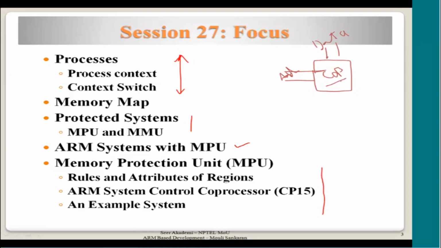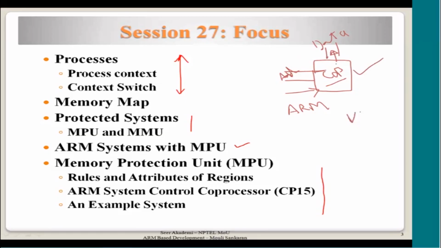If the coprocessor has to drive the data bus, that means it has to write something into the memory or back into the register, something has to be transferred, then that will be controlled by ARM. So ARM will control what the coprocessor will do. But it can be seen sitting on both address and data bus too, based on the functionality of the coprocessor.